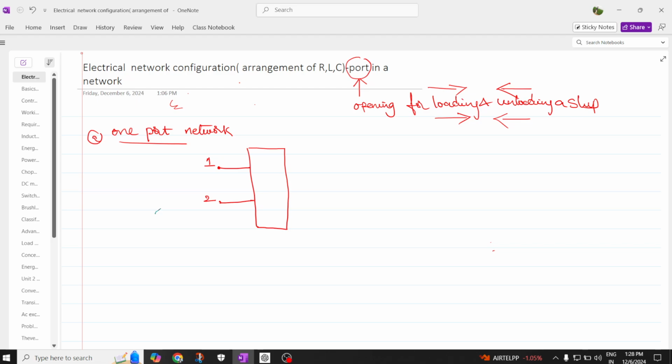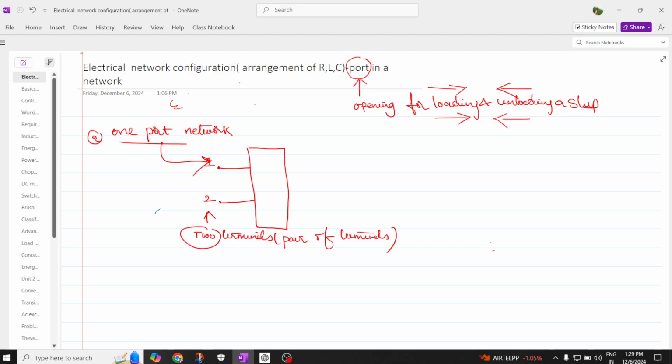Port means we can call it as two terminals, or a pair of terminals. So how many do you have? A pair, or you have two terminals, then it is called a port or one port network. This is how to draw a one port network.